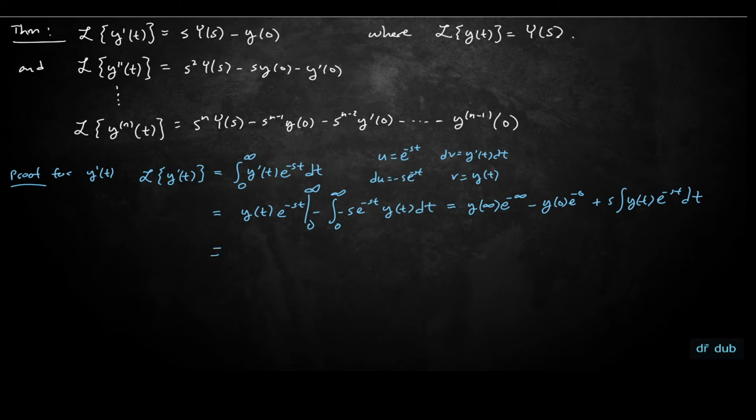So that's going to be negative y of 0 plus s times Laplace of y of t, which we could say is s times Y of s minus y of 0. So that kind of shows you the idea for y prime, at least. It's just integration by parts. So that's how you can show these results are true.